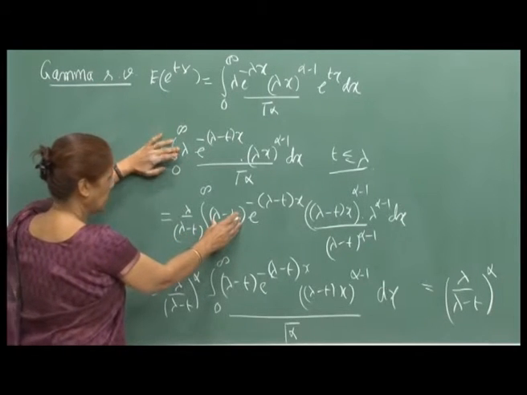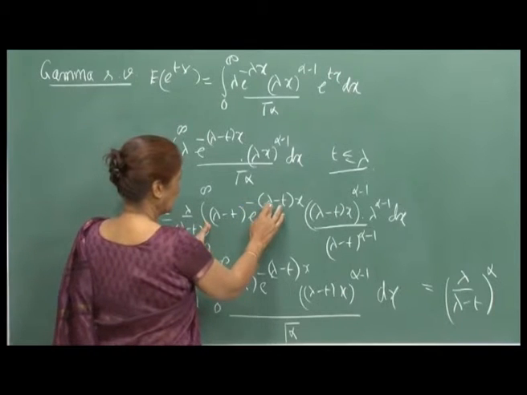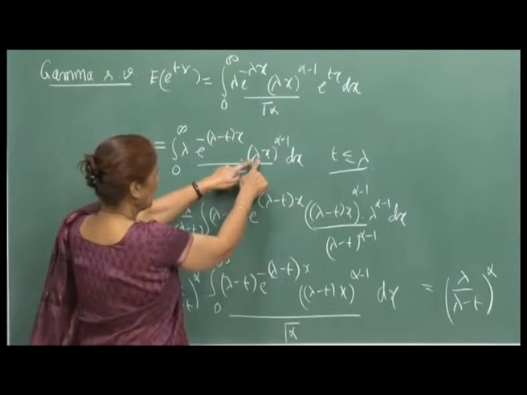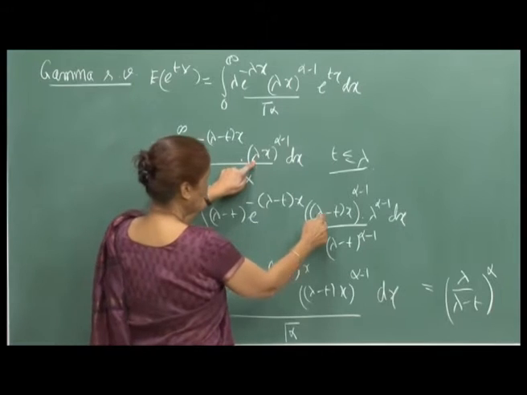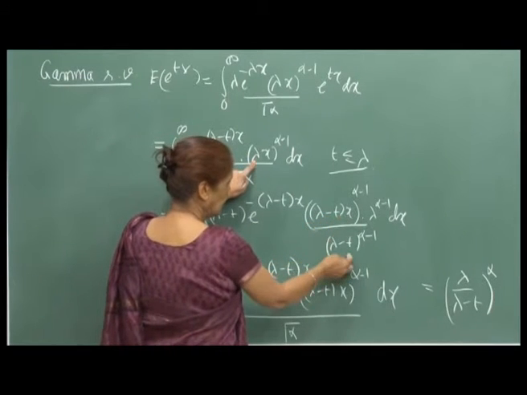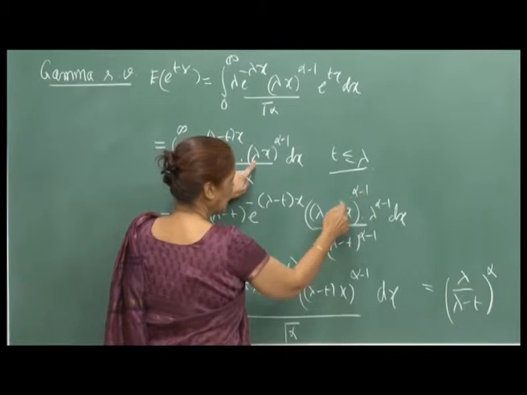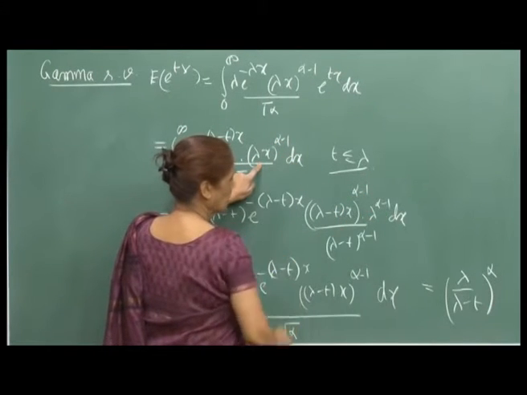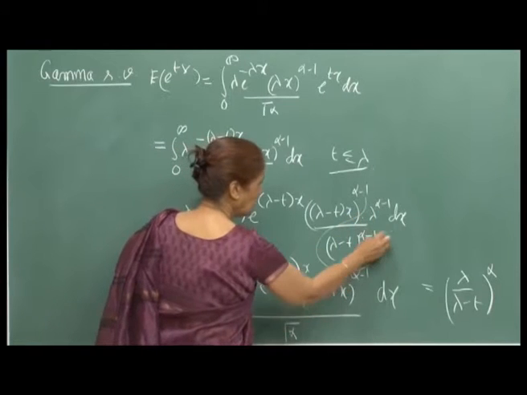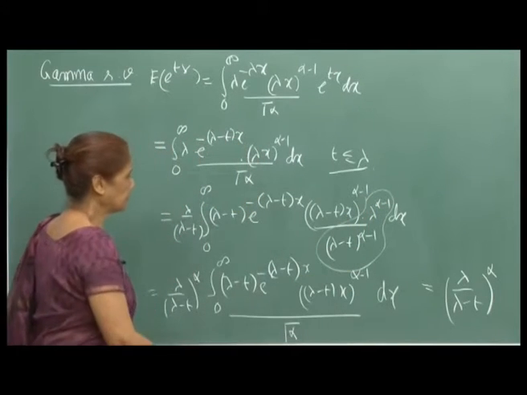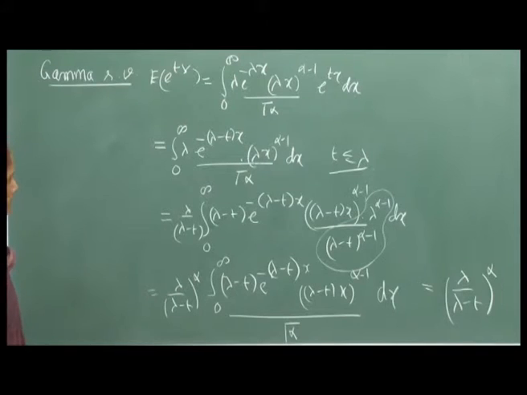So this becomes my parameter here, e raised to minus lambda minus t x. The same thing I will do with the other lambda: I will replace it by lambda minus t and then divide by lambda minus t raised to alpha minus 1, and the lambda raised to alpha minus 1 comes out. So this part is now independent of x.